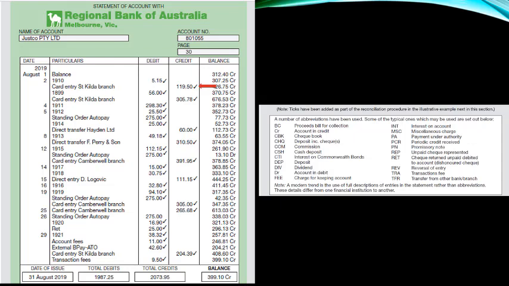Here, this $119.50 has already been cleared by the bank in August. This was the deposit from July recorded in our cash at bank ledger account, but in the bank it only reflected in August. And the unpresented check from July has now been cleared by the bank.